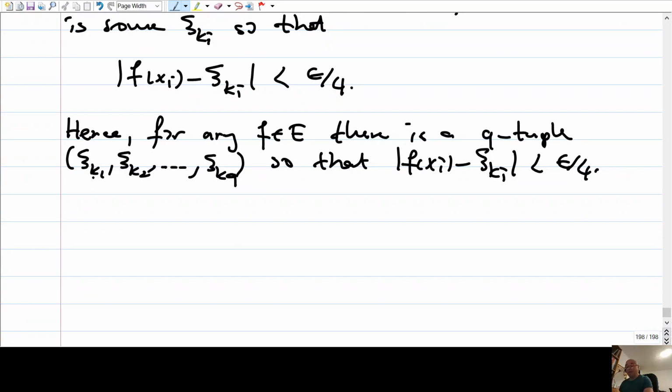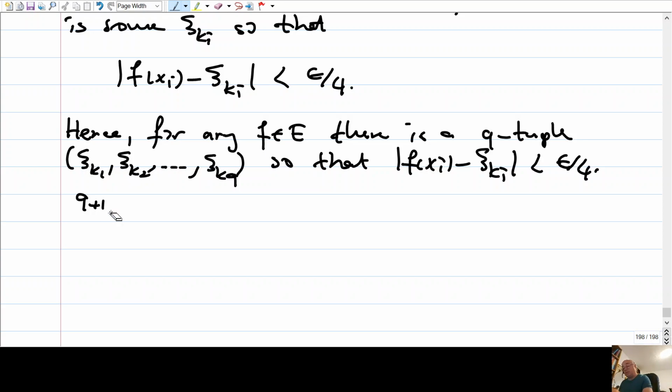But they don't have to be distinct, right? For each of them, there are q plus 1 choices. This could be xi0, xi1, up to xiq, and the same for all of them.